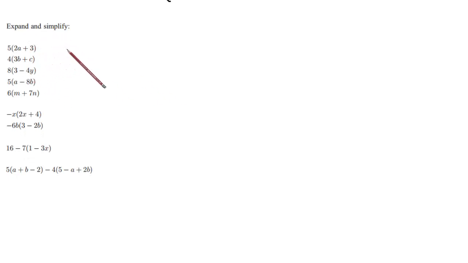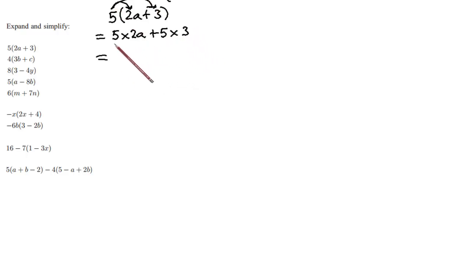Expand and simplify. So whenever you are asked to expand, it means multiply this 5 to all the numbers inside the bracket. So let me do it over here. What is 5 multiplied by 2a plus 3? So we can rewrite this as 5 multiplied by 2a plus 5 multiplied by 3.